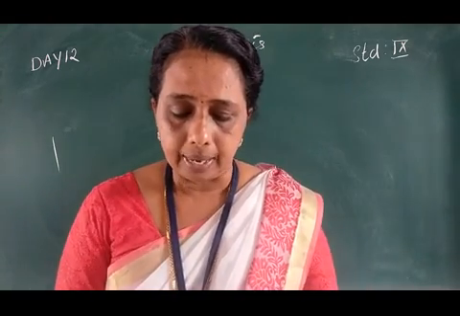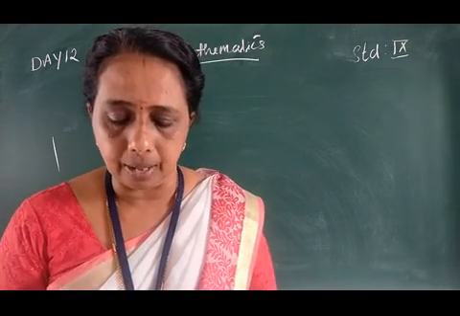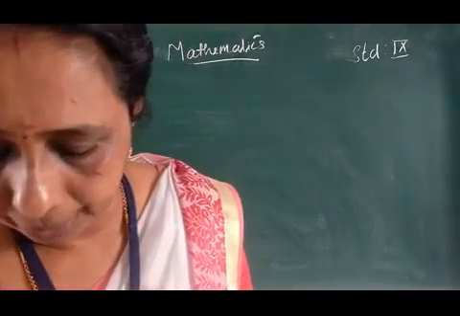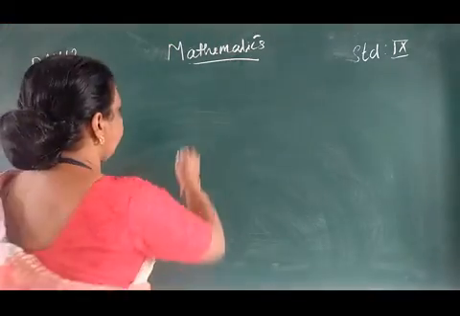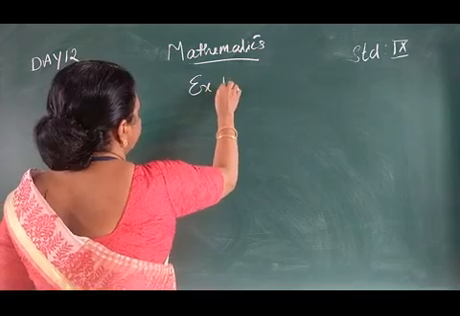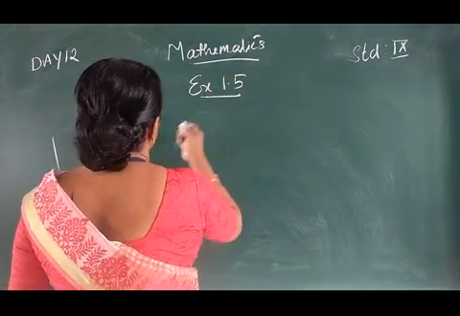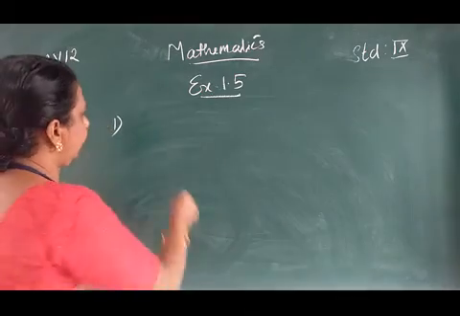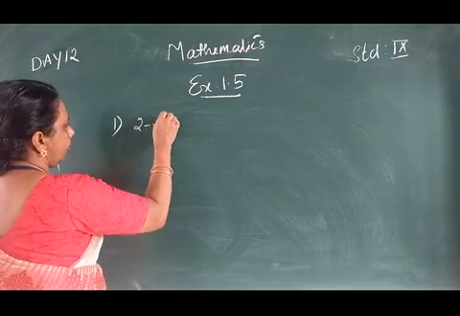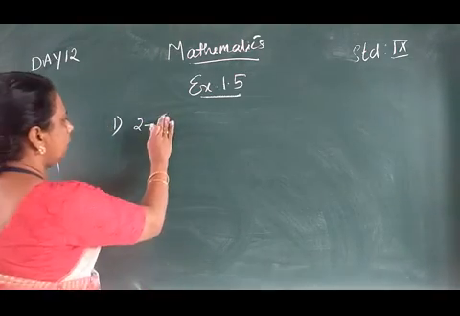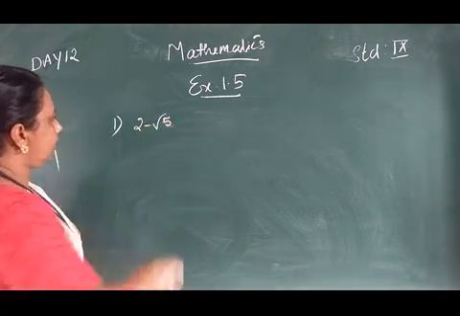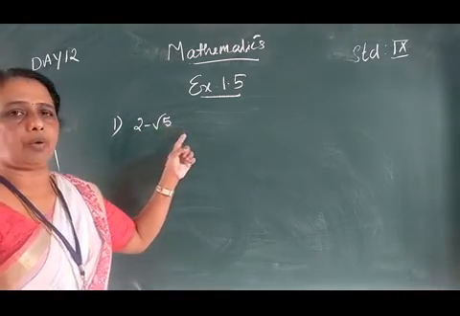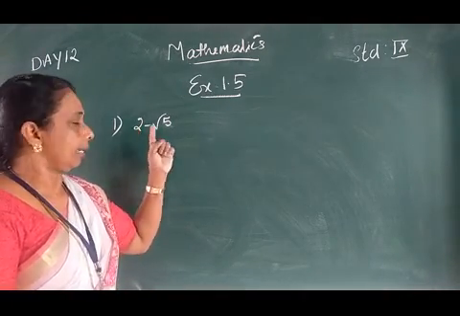First one, classify the following numbers as rational or irrational. The first question is 2 minus root 5. Exercise 1.5, first question, 2 minus root 5. This is an expression having the difference of a rational number and an irrational number.